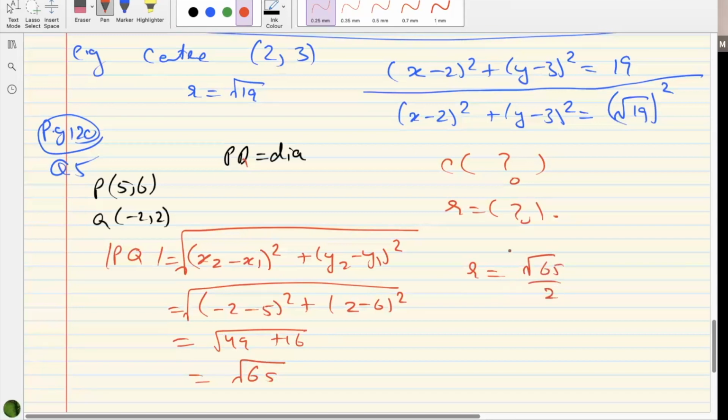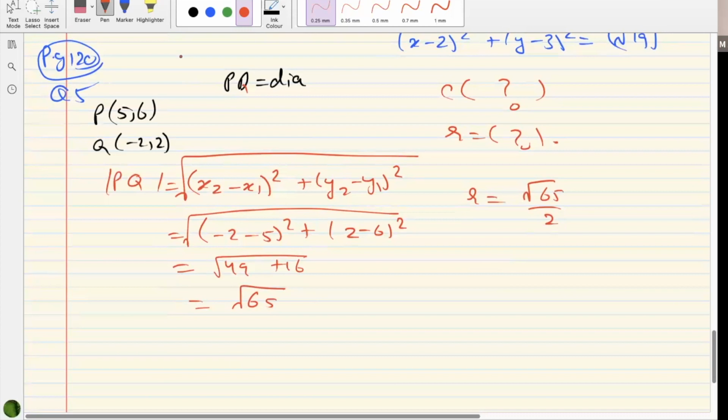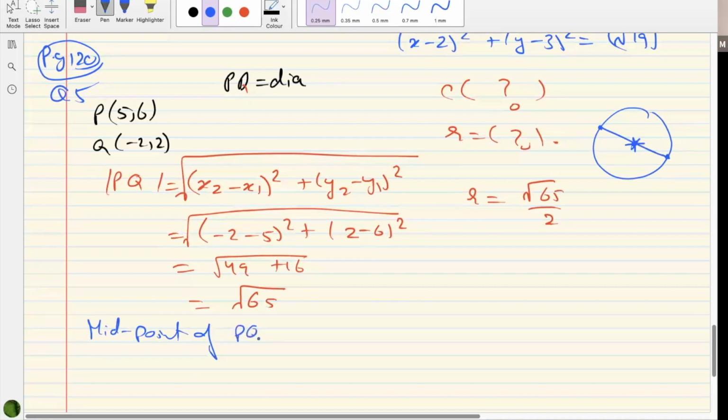Now we have the radius. For the center, if it is a diameter, if we can just sketch it, the center point would be the midpoint. So the midpoint of PQ is x1 plus x2 by 2, y1 plus y2 by 2.